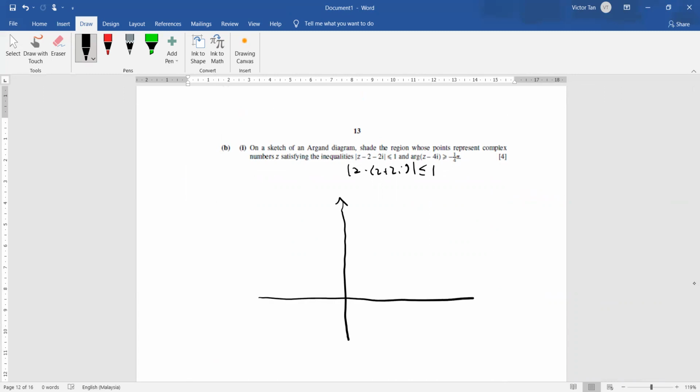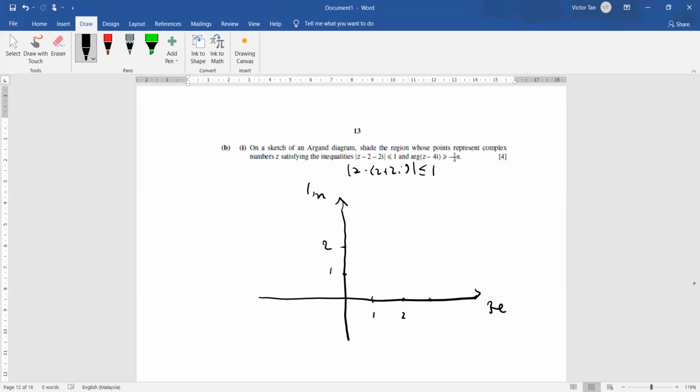I think it's the positive part. Real, imaginary. So this is 2, 1, 2, 2.